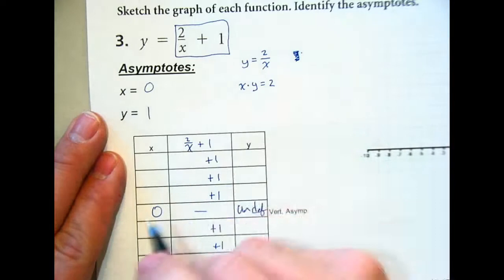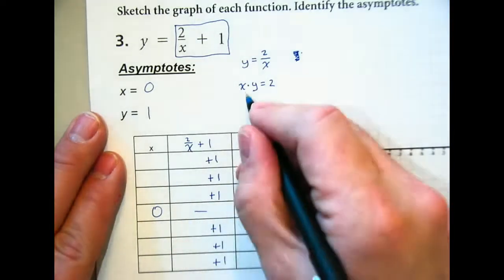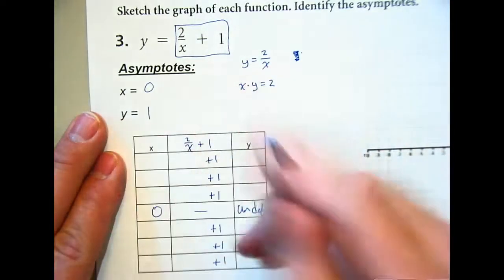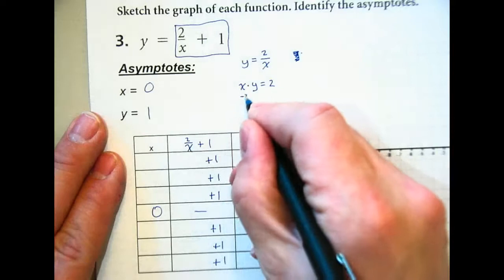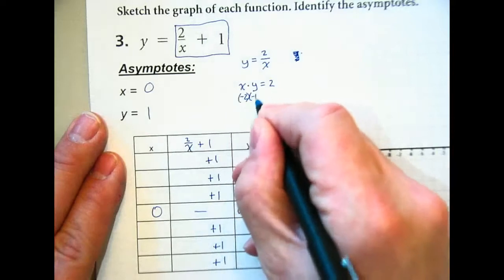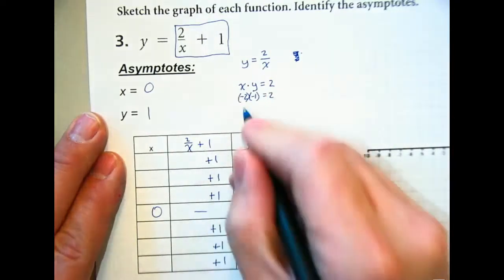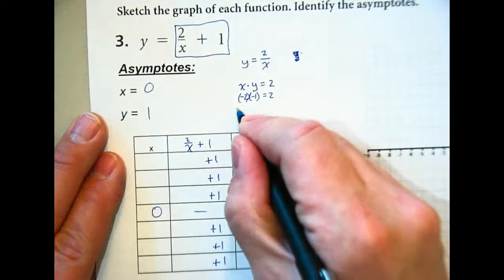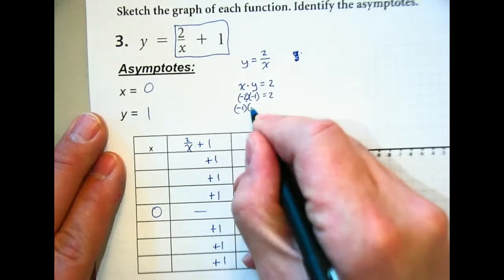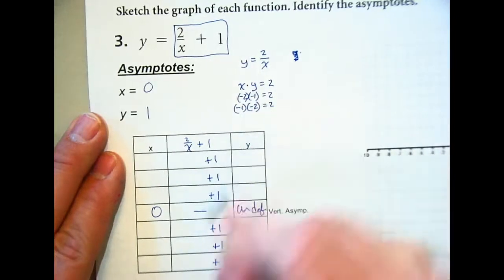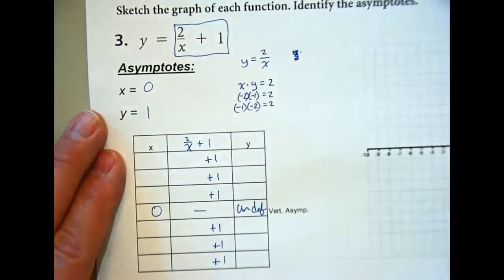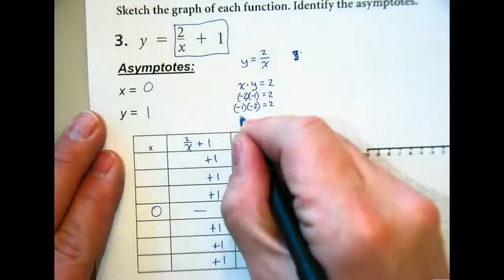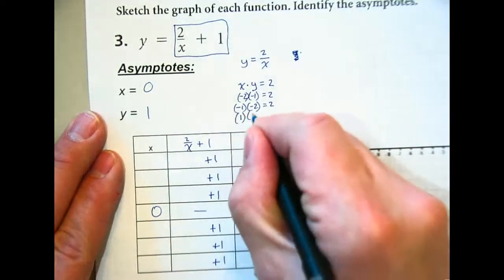What things multiply to make 2? 1 times 2. Let's start with negatives first. Negative 2 and negative 1. Okay. Anything else? Negative 1, negative 2. Some advanced math here. Okay, what else? 1 and 2.